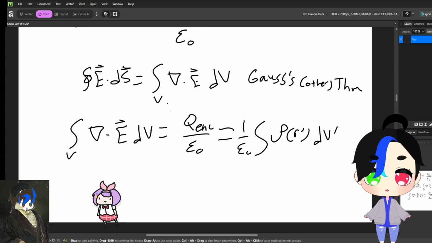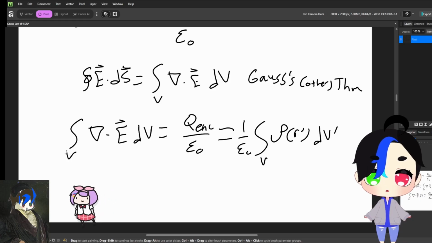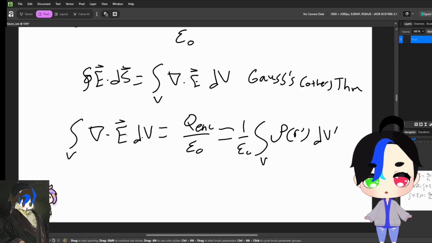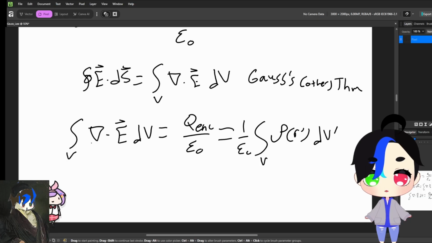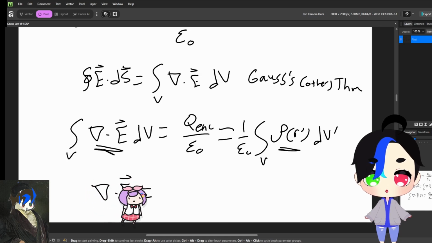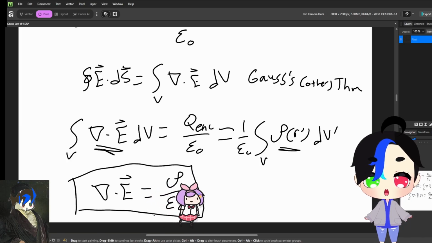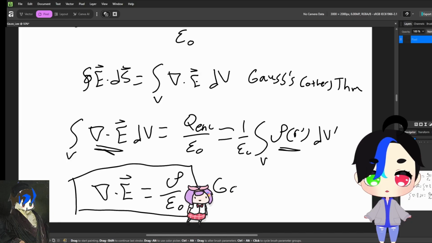Something to note about integrals: if you have two integrals equal to each other over the same volume, this can only be true if and only if whatever's inside the integrals is also equal. So we can drop the integrals, and we get del dot E equals rho over epsilon naught. And this is the differential form of Gauss's law.